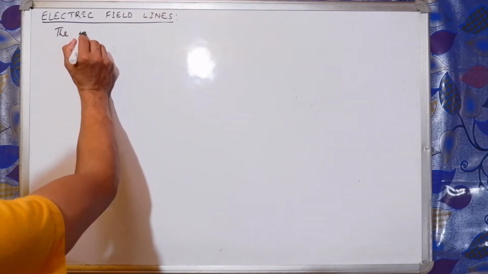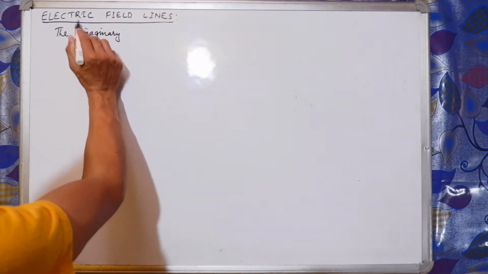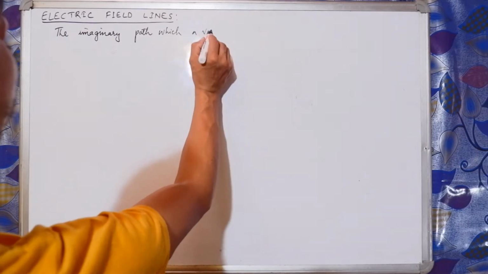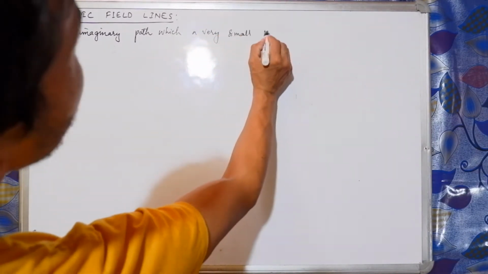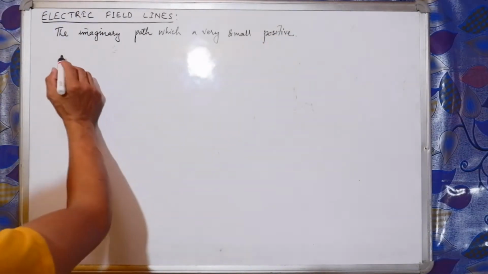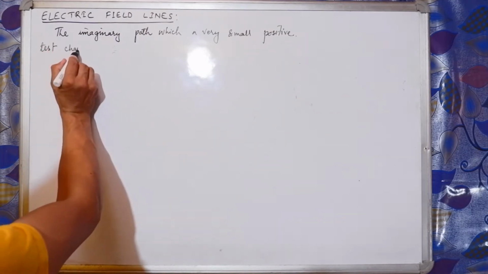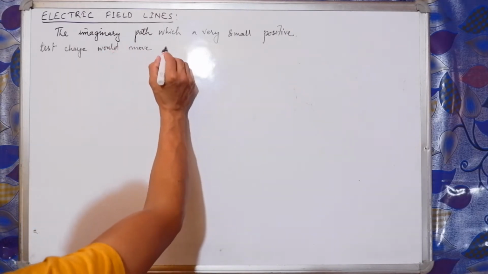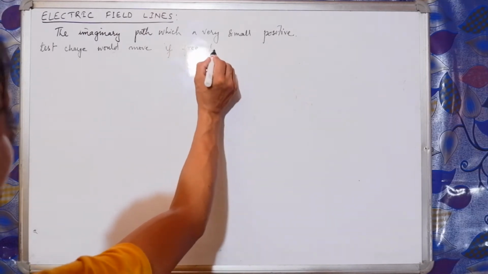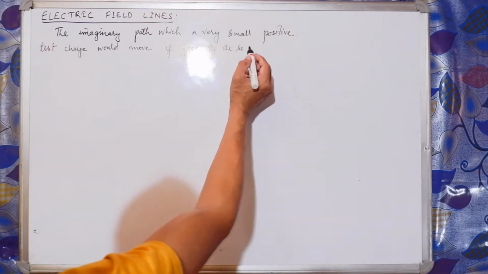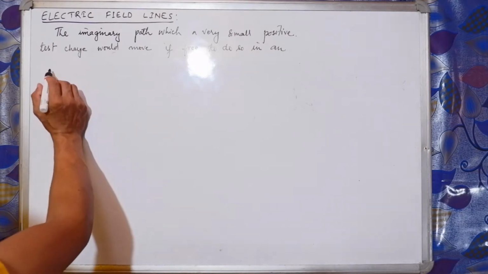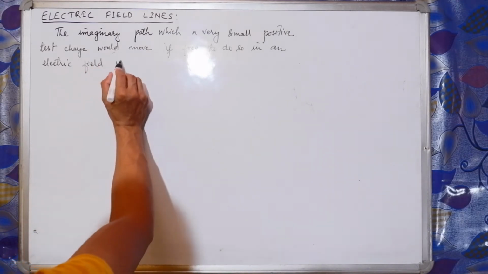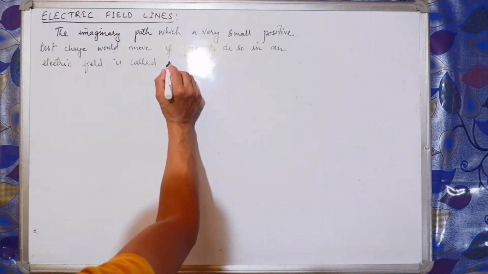The imaginary path which a very small positive test charge would move, if free to do so, in an electric field is called electric field lines.